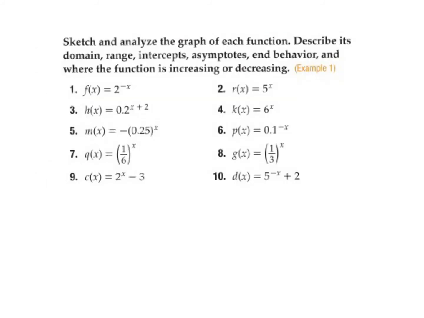Okay, so then what happens to it? Let's have a look at this number 1, 2 to the negative x. So let's do -2, -4, 0, 2, 4.